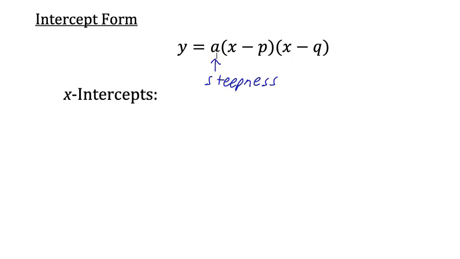If a is greater than 1, then we'll have a steeper parabola. Now, with binomials of x minus p and x minus q, that would give us x-intercepts of p comma 0 and q comma 0. Now remember, the x-intercepts always have y values equal to 0 because we're along the x-axis and we're not up anything.